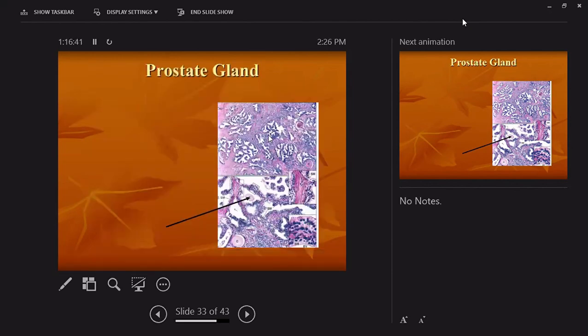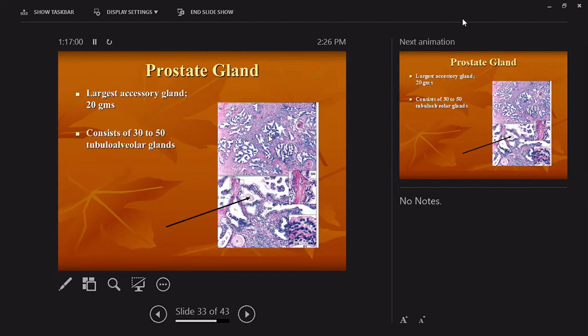Prostate gland. Oh, how I love this organ that gives me my illness. Prostate gland: the largest accessory gland, weighing about 20 grams. It consists of 30 to 50 tubulo-alveolar glands.